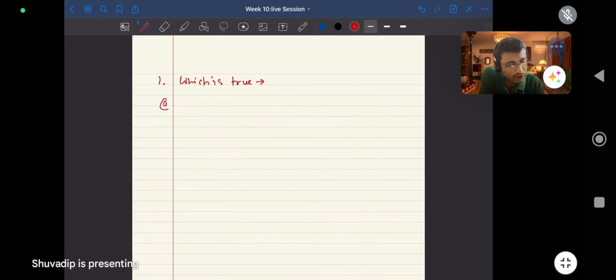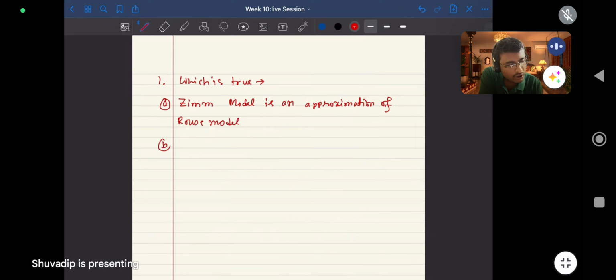Option A, the Zimm model is an approximation of the Rouse model.